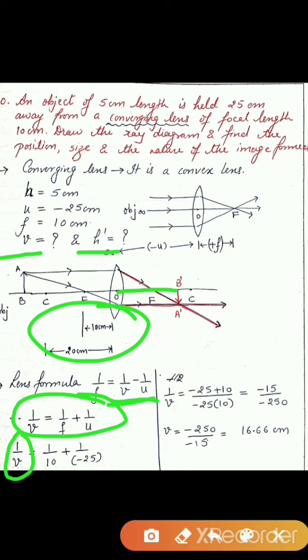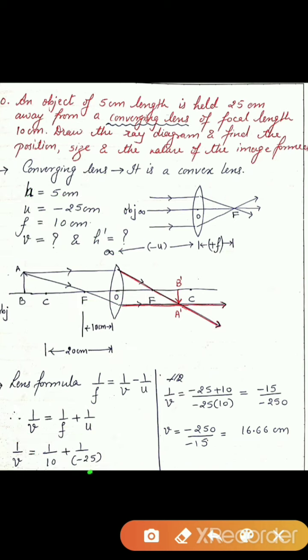Afterwards, I'll substitute the values of f and u from the given. Here f is positive, so I'll write plus 10. u is negative, so I'll write minus 25. Don't forget to enter the sign of whatever given quantities are there. As u is minus 25, here also we will be substituting minus 25.